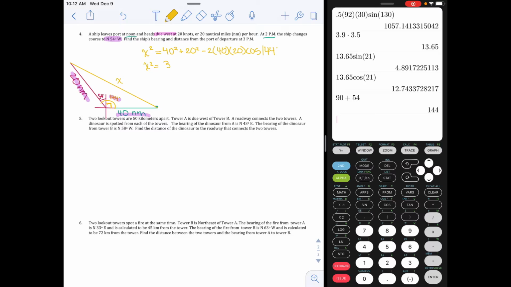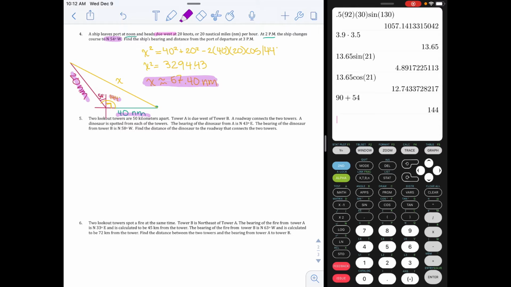I got that to be about 3,294.43. And then I took the square root. I'm going to go hundredths to be about 57.40 nautical miles. Again, put a box around your answer or highlight or do something, especially on any assessment. So we answered the first part about finding the ship's distance.